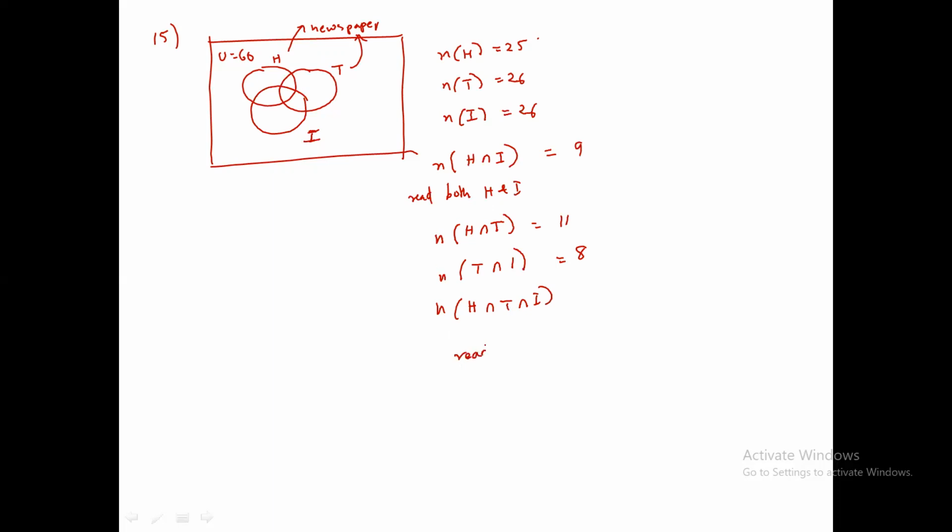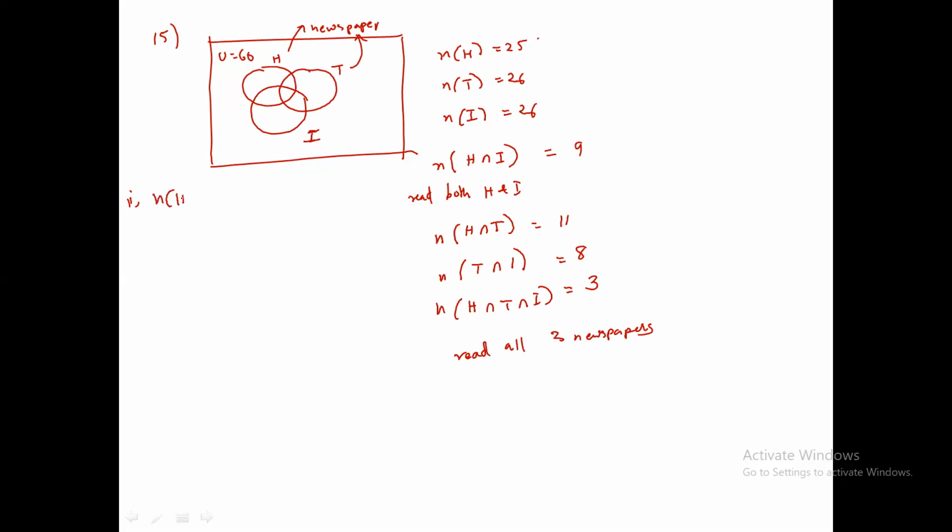That means read all three newspapers. That's given as 3. First, you have to find the number of people who read at least one newspaper.